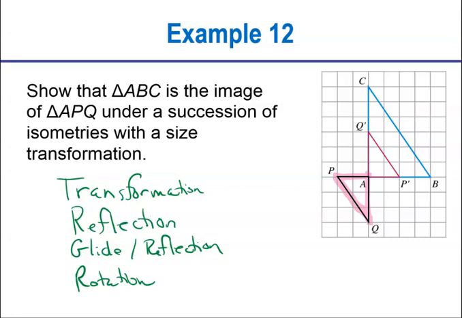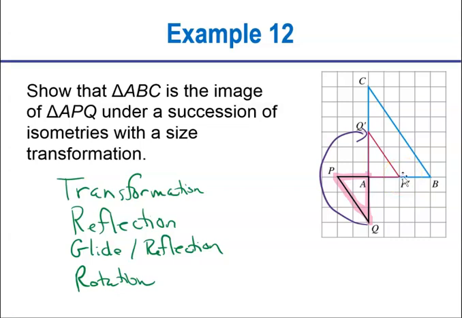Well, it looks like we could do a rotation, right? Would that be like a half turn if we just rotate 180 degrees? Do you see that? So if I just take Q and I rotate right up here 180 degrees, then Q would land on Q primed, P would land on P primed, and A would be right there in the corner like we want it.